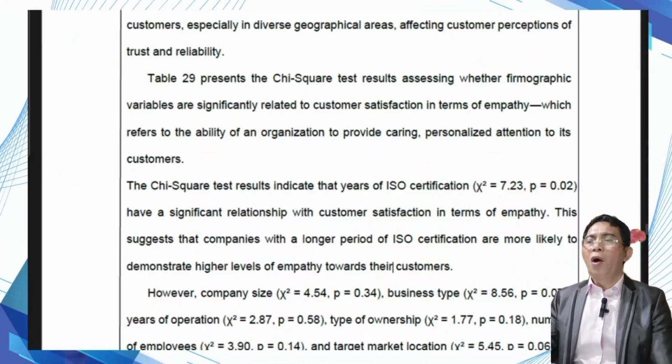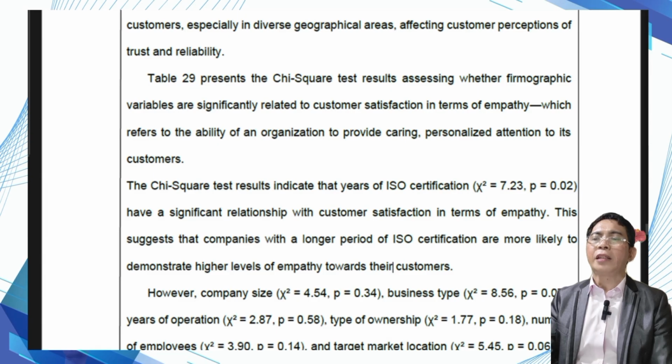Moving on, when we check Table 29, it assesses that firmographic profile variables are significantly related with customer satisfaction in terms of empathy, which refers to the ability of an organization to provide caring, personalized attention to its customers. The chi-square test result indicates the years of ISO certification have a significant relationship with customers' satisfaction in terms of empathy.